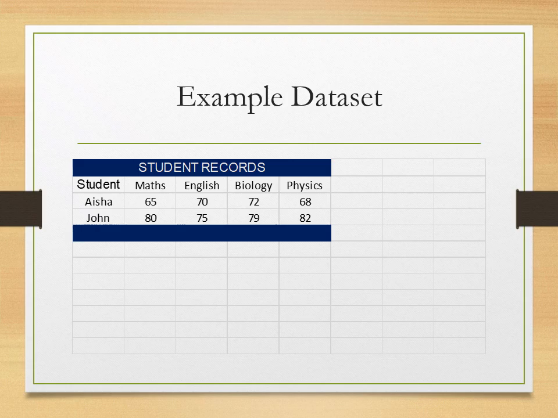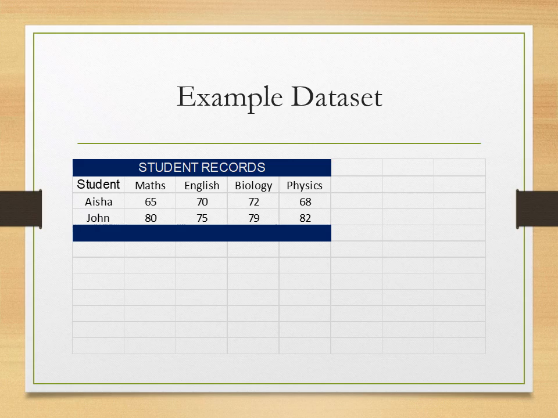For this row we have a student called Aisha, and this is her mathematics score. Also this is her English score, and then biology and physics.